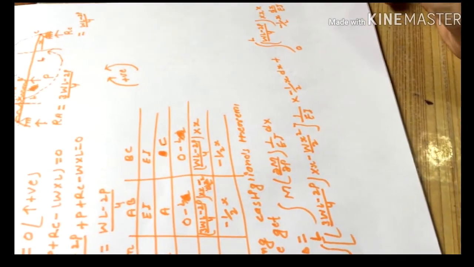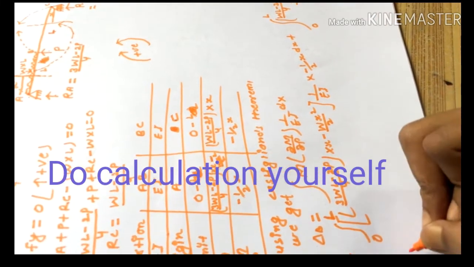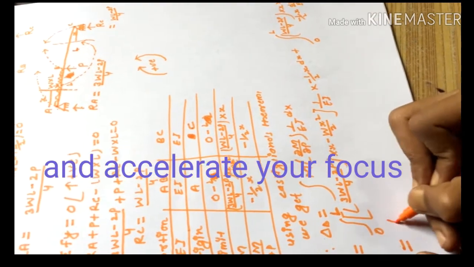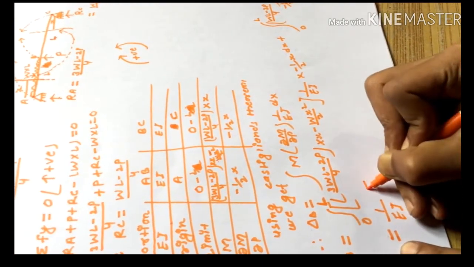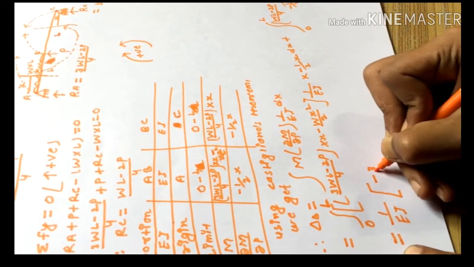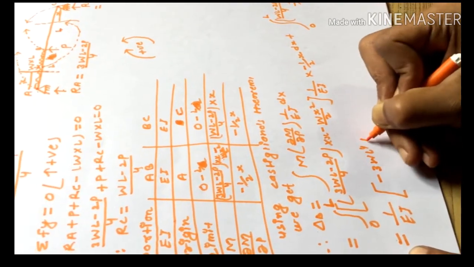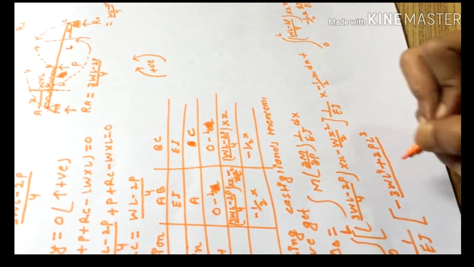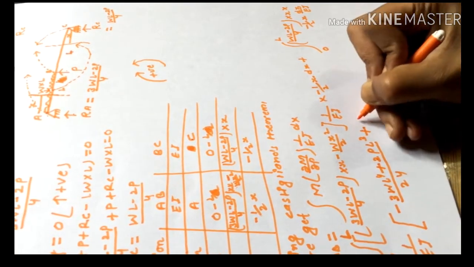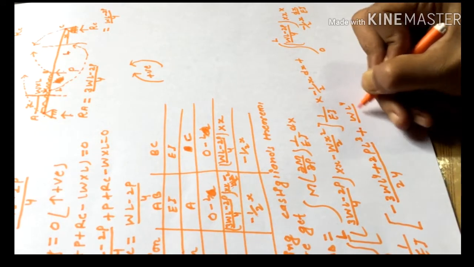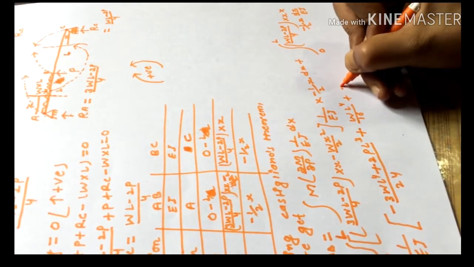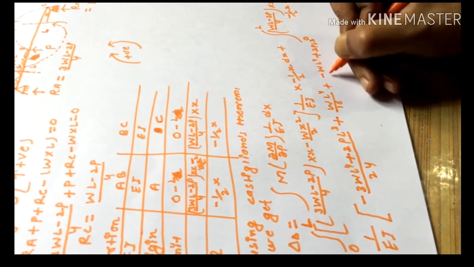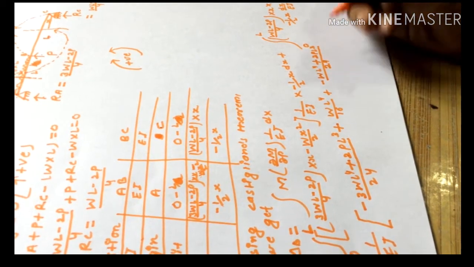On integrating using the simple rule, finally we get del B is equal to 1 by EI bracket minus 3WL4 plus 2PL cube divided by 24 plus WL4 divided by 16 plus minus WL4 plus 2PL cube divided by 24.